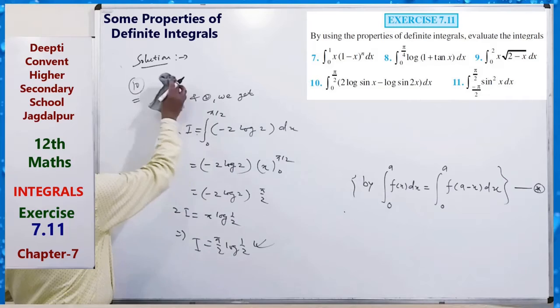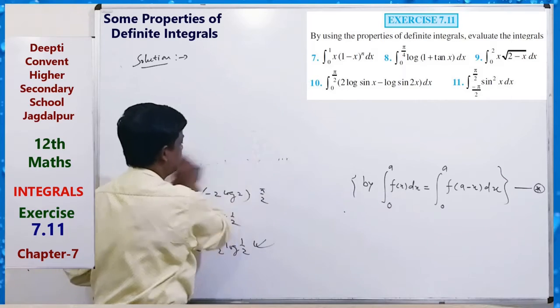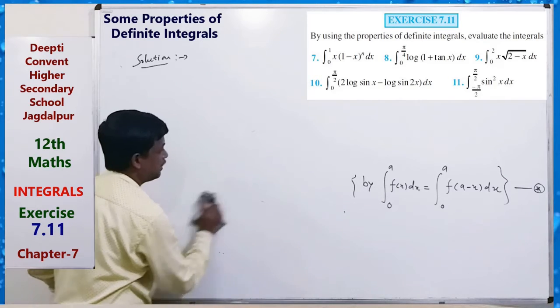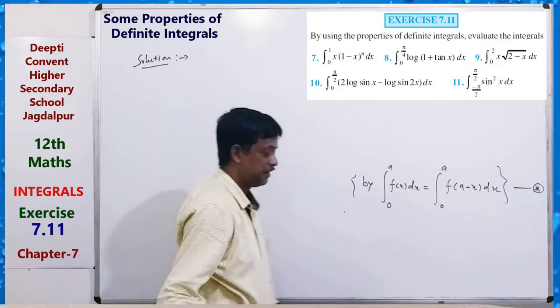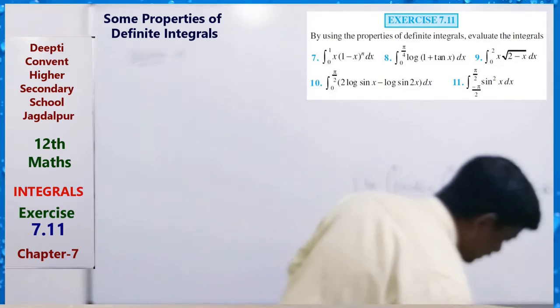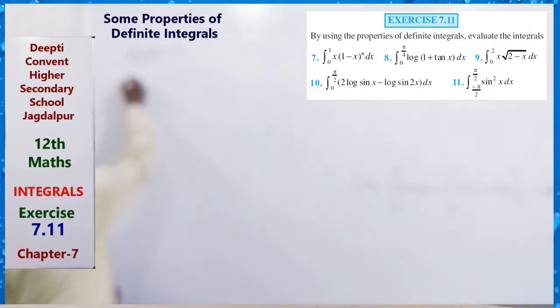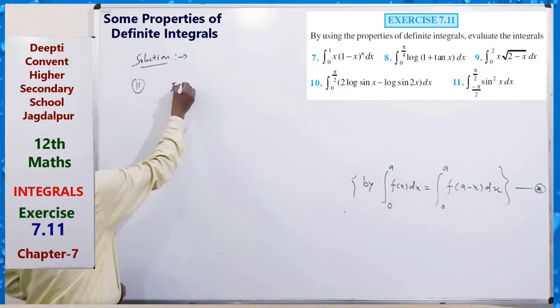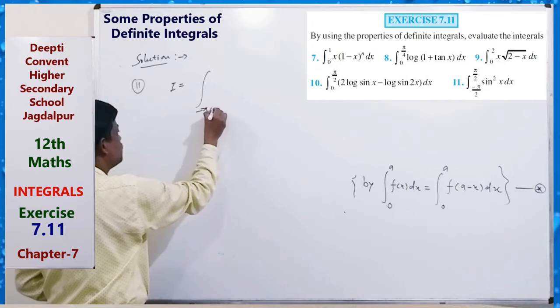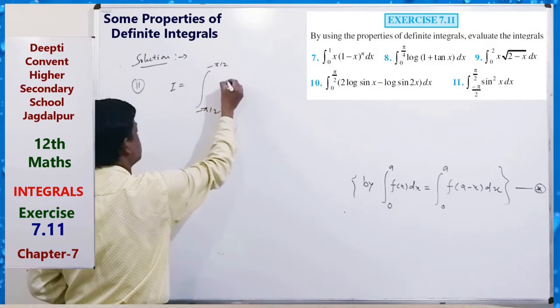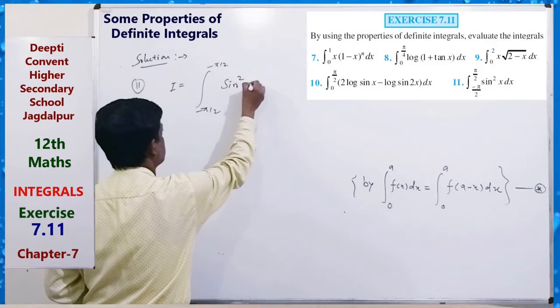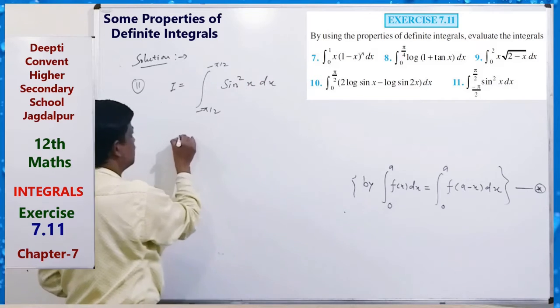Okay, now see the question. Question 11: I equals the integral from minus pi by 2 to pi by 2 of sin square x dx.